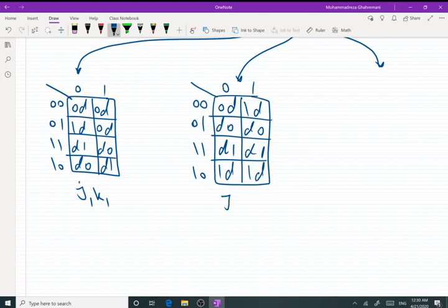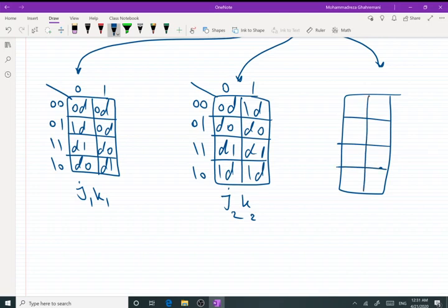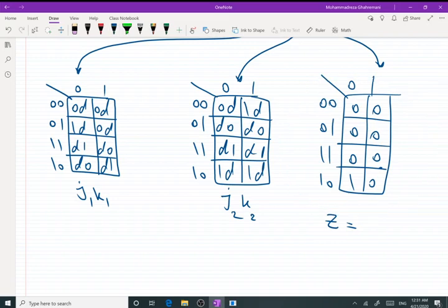This one is J2 K2, and the output is 0 0 0 0 0 0 1 0. So this one is Z, which we can immediately write as the function x bar y1 y2 bar. This one is the excitation table.